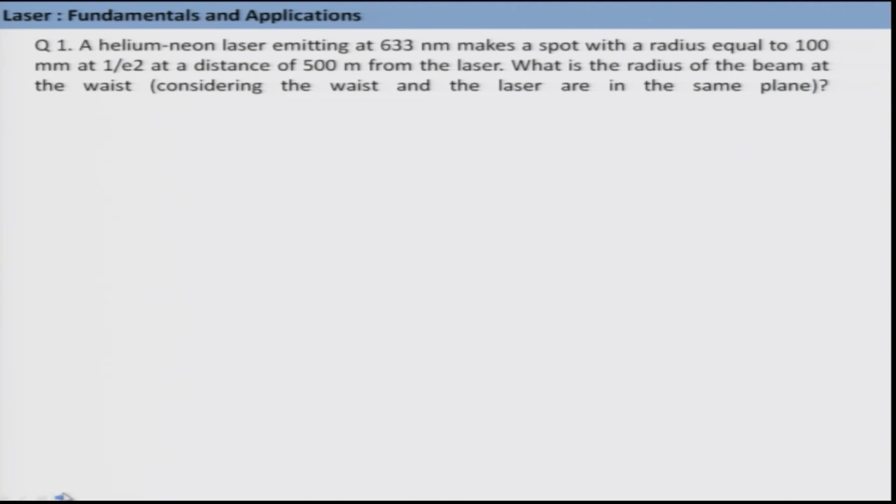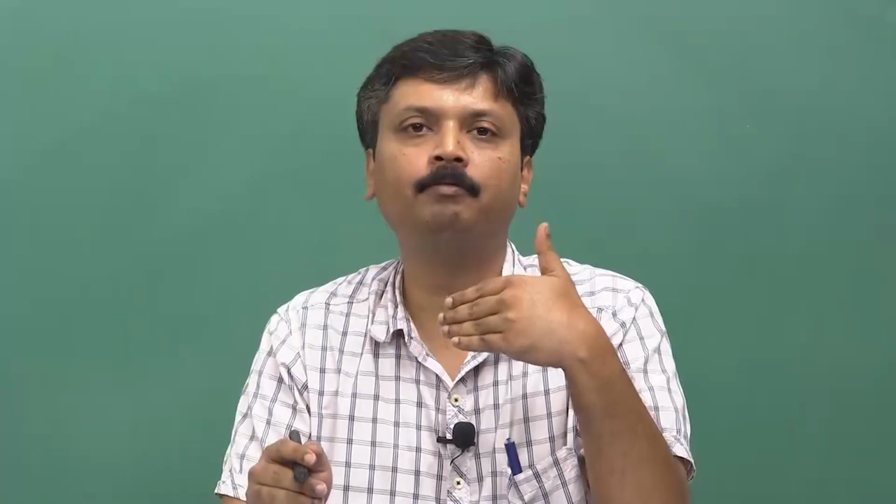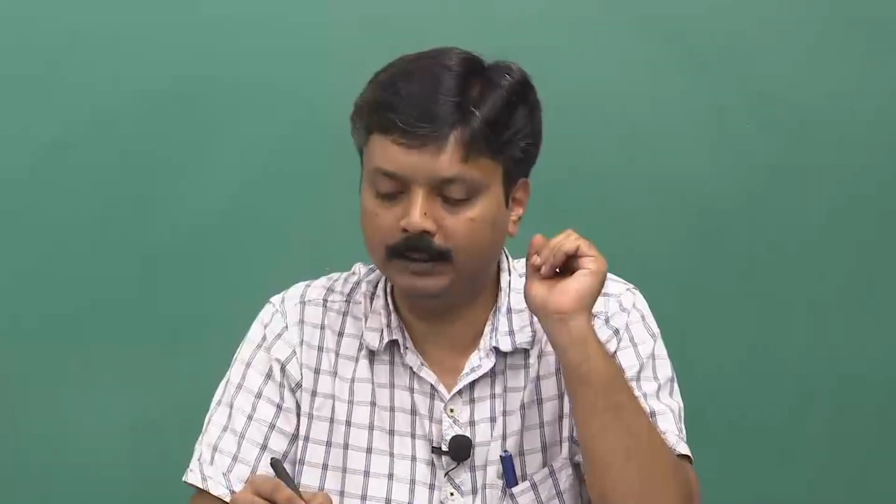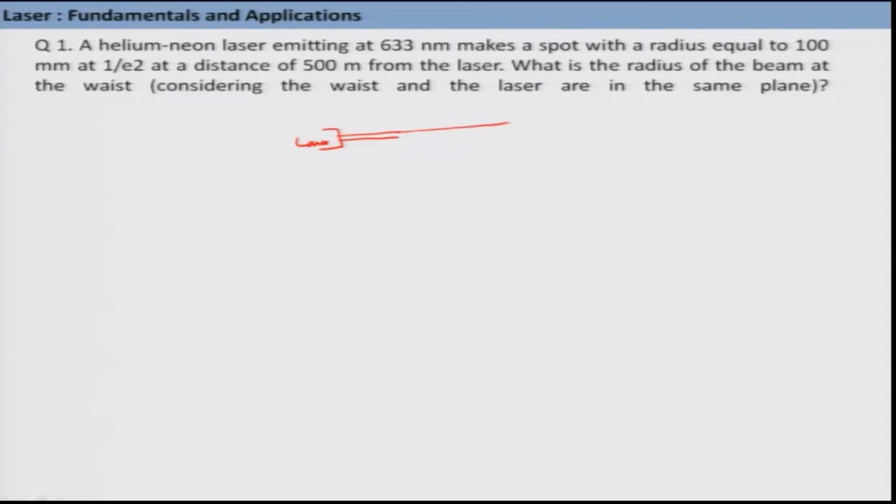So if we just draw it, you have a laser source, so this is a laser, and a beam is coming like this. Now if you go to a far distance, the beam will slightly diverge, and if you go a really large distance like 500 meters as the question suggests, slowly the beam will grow to a larger spot size.